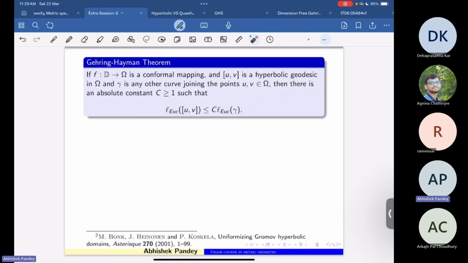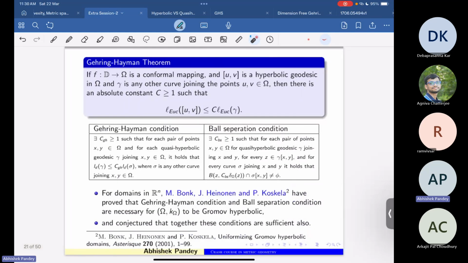That is why in the unit disk case the Euclidean length of the geodesic from u to v is less than or equal to c times modulus of x minus y. Fine. So for a general metric space, we will define the Gehring-Hayman condition and the ball separation condition.